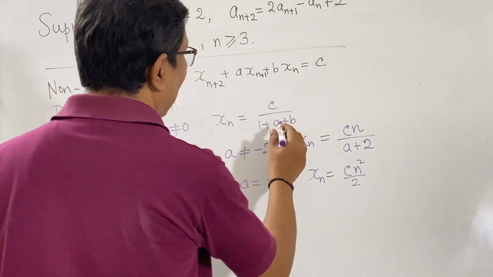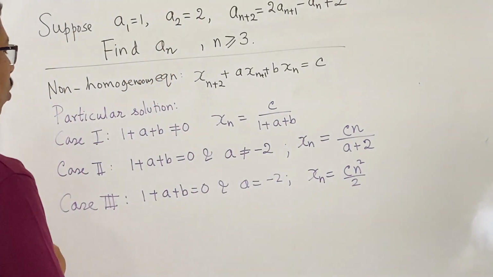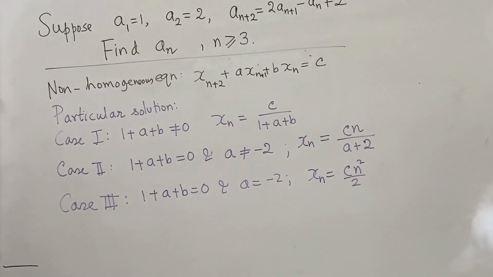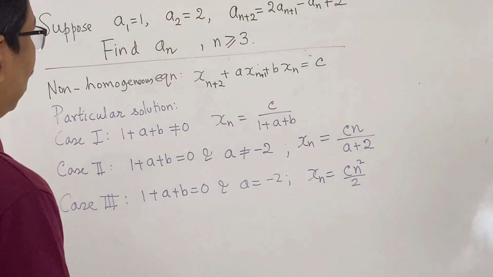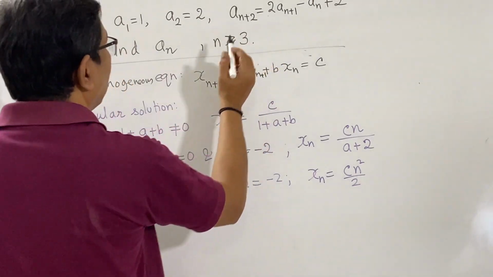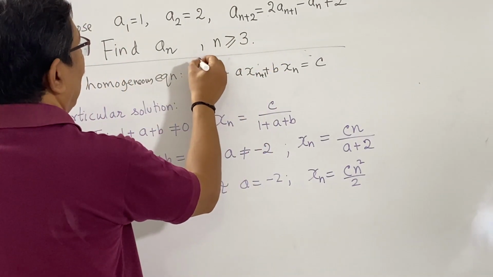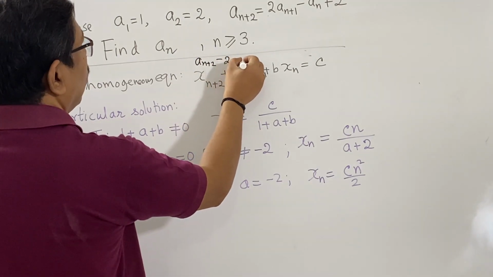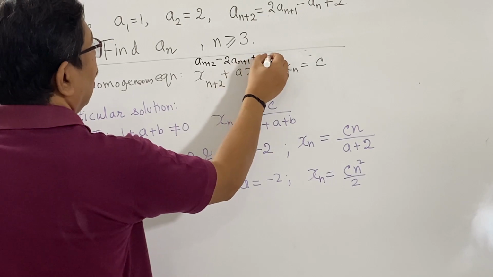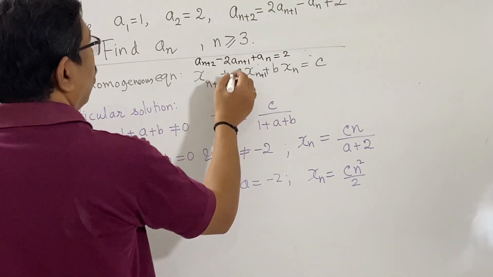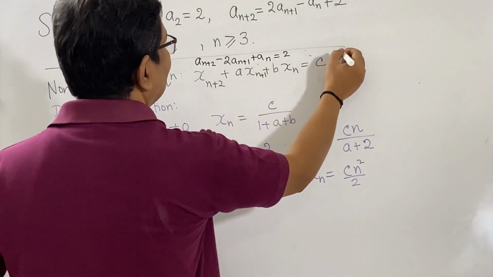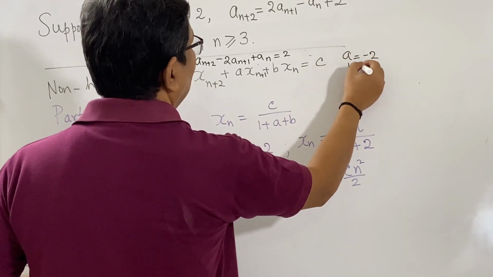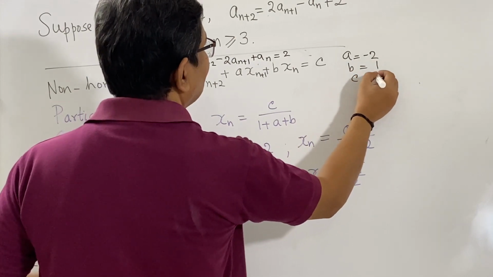Now, once we have the particular solution, we have to determine which case this is. To determine which case we are in, let us write this equation here. a_{n+2} minus 2a_{n+1} plus a_n is equal to 2. Matching this, we get that a is equal to minus 2, b is equal to 1 and c is equal to 2.